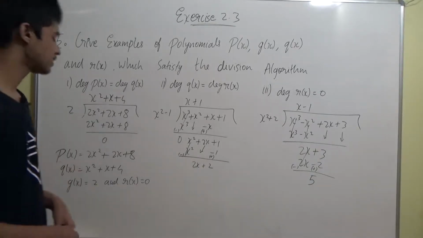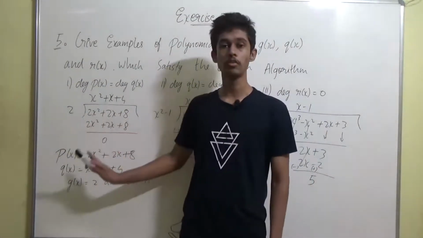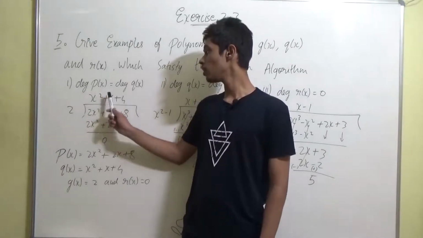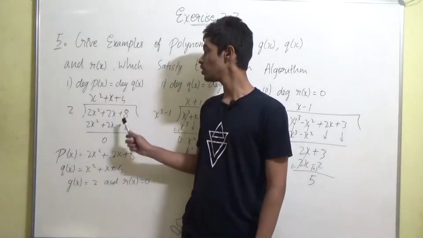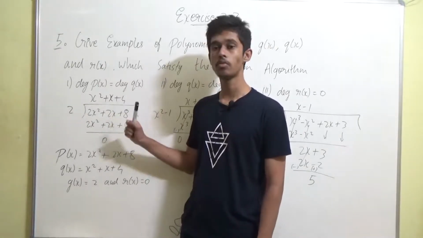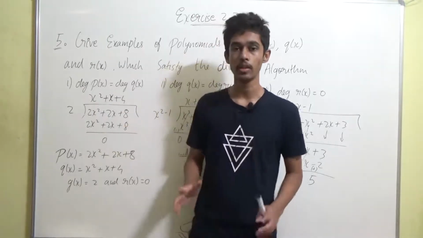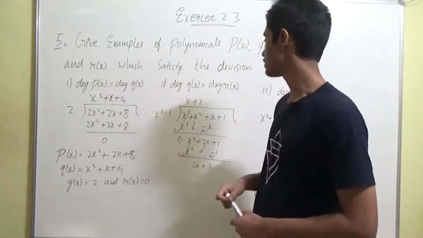So it's actually like this, guys. P of X is equal to this one and G of X is equal to 2 and Q of X is this one. So the degree of P of X is going to be equal to degree of Q of X. So both the degrees are same, right? Even here the degree is 2 and here the degree is 2. That's it, guys. There was a small correction which I did now.